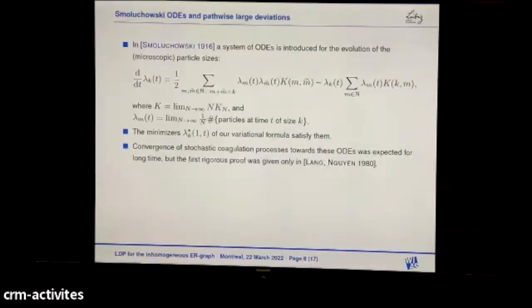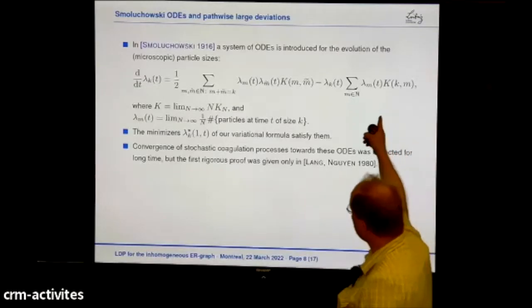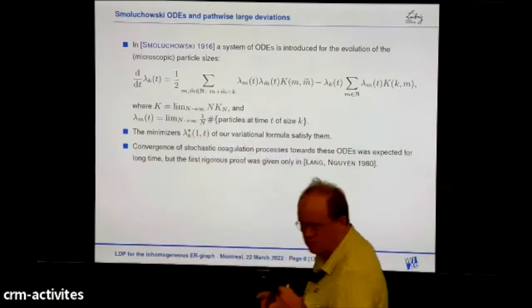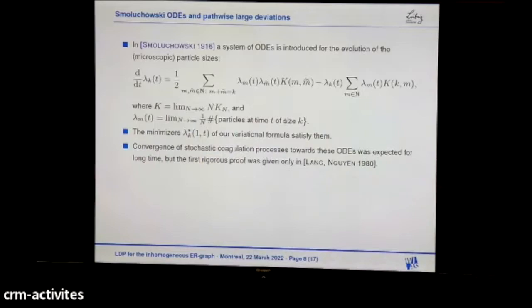But let me come now to also first some comments. Maybe you were missing equations. There is an equation. The equation is more than 100 years old. The Smoluchowski equation. This is a system of ODEs which expresses the lambda k, only the micro part, as a function of t.